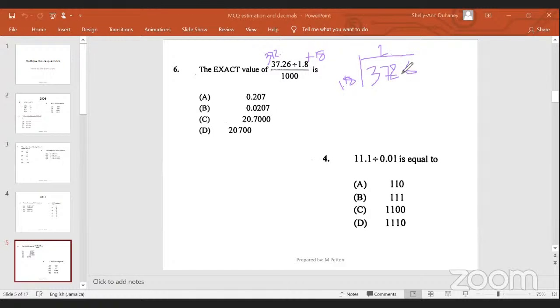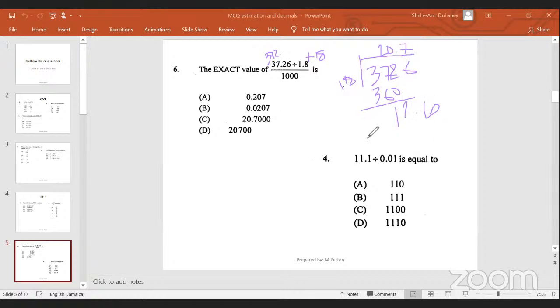I'm not talking about the decimal now. How many times can 18 go into 372? 20. Okay, 20. 18 times 20 is what? 360. So therefore we end up with 12. So it is 12.6. How many times does 18 go into 12.6? 0.7. So 18 times 0.7 gives back 12.6.